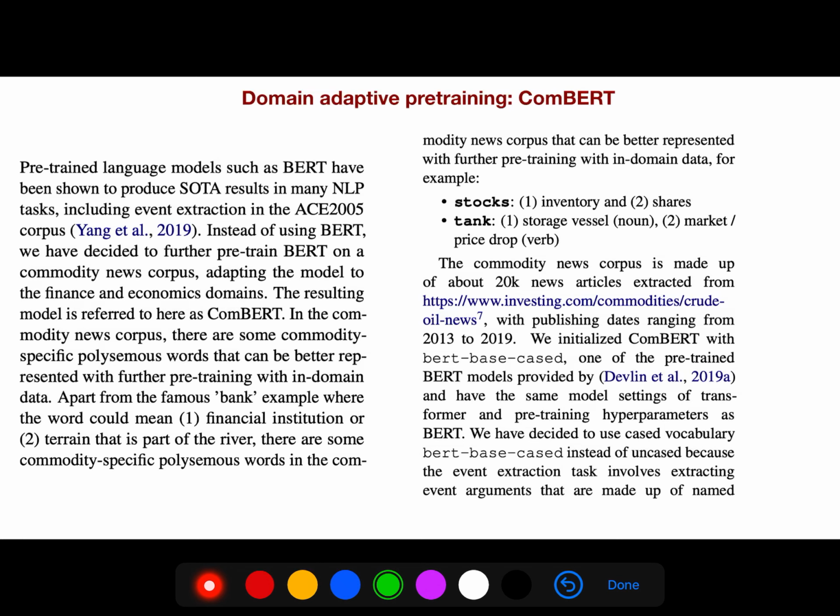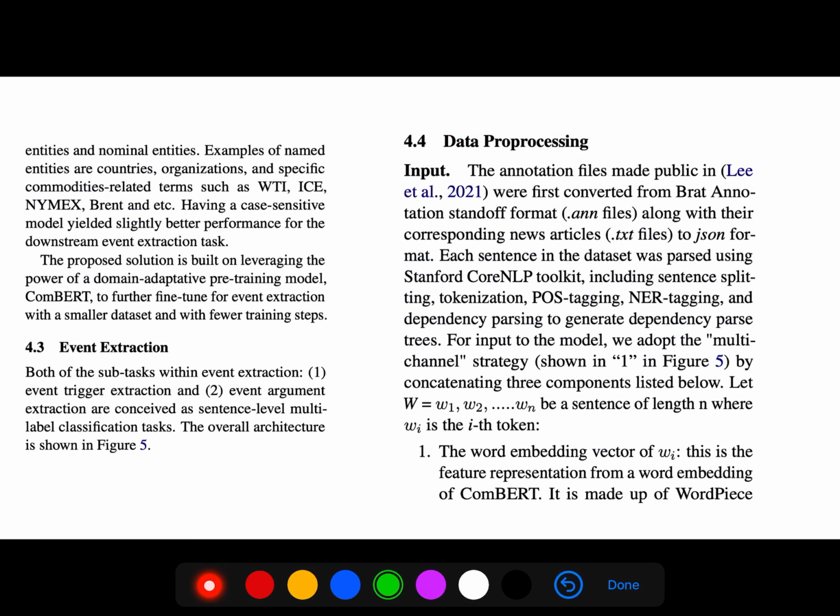For example, stocks, it will be inventory shares. Tank is storage vessel, market could be anything. The commodity news is made up of about 20k news articles. And we initialize this ConVERT with BERT-base-cased.